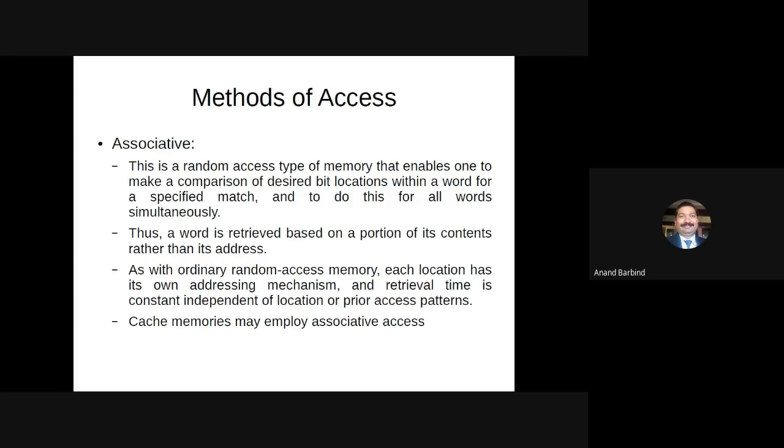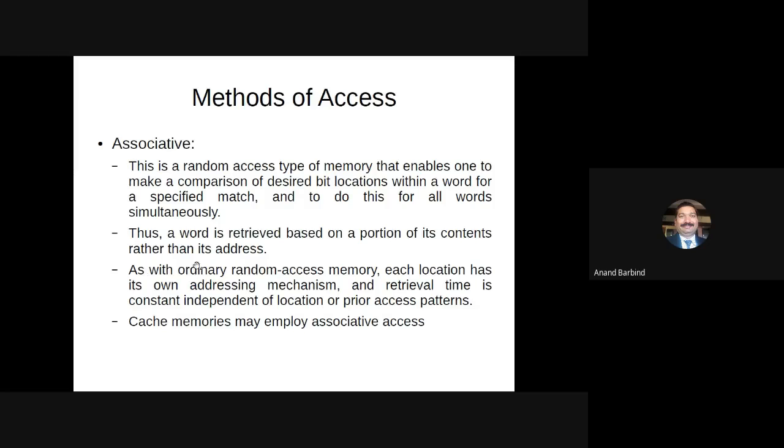Thus, a word is retrieved based on a portion of its contents rather than its address. So the method of accessing memory is different. It does not have an address like the other types of memory, typically the internal memory. That is why this is also called the content addressable memory, that is CAM.